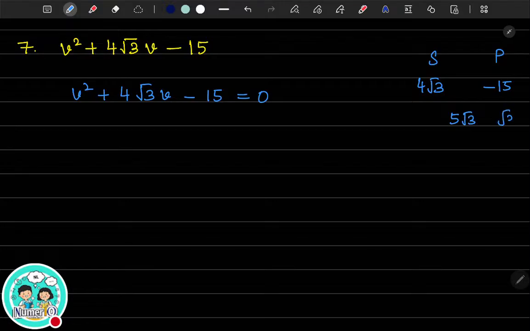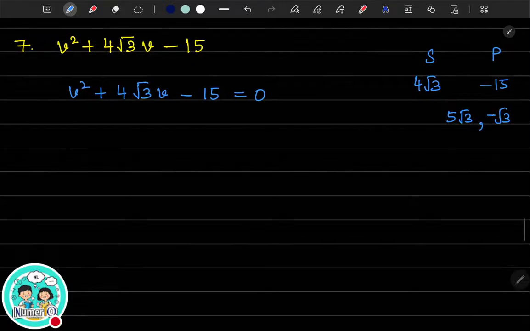So 5 3s are 15, right? So 5 into 3. Why? Because you have a root 3 here. So 3 is going to split. We will split it as root 3 into root 3. Now where do we put a negative sign? You have to put a negative sign in minus root 3, so that your sum is a positive value.